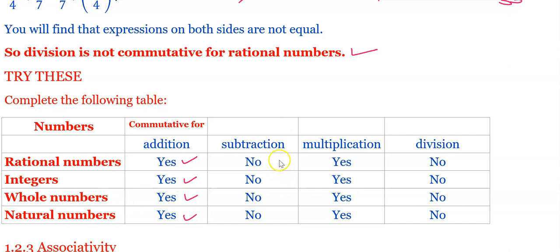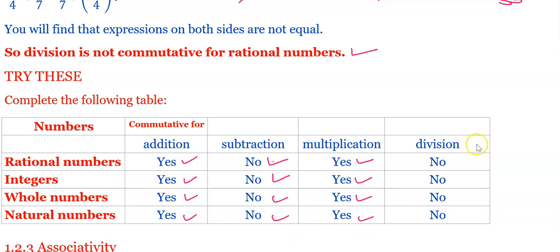What about the subtraction? Subtraction is not commutative for all numbers. Subtraction does not hold for the rational numbers, integers, whole numbers and natural numbers. Multiplication, that is any two numbers. If we take the rational numbers, their multiplication is commutative for all these numbers.